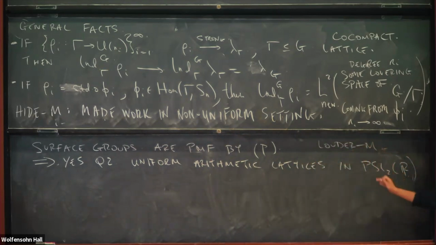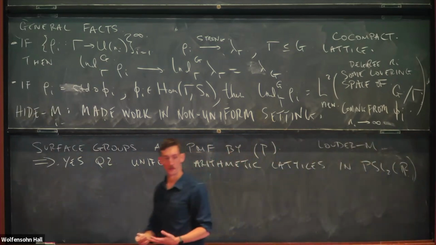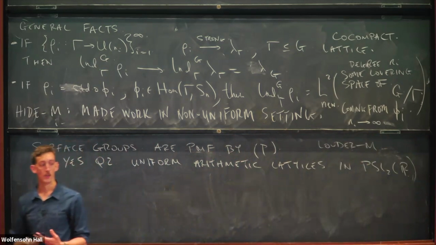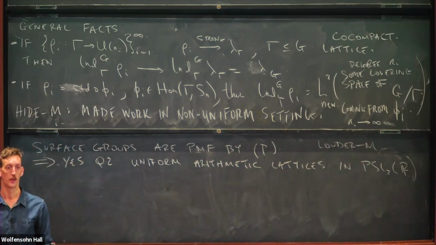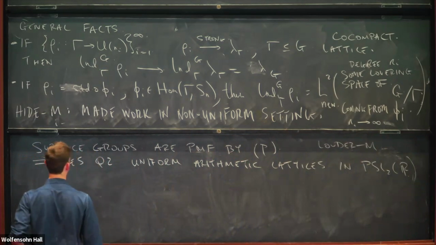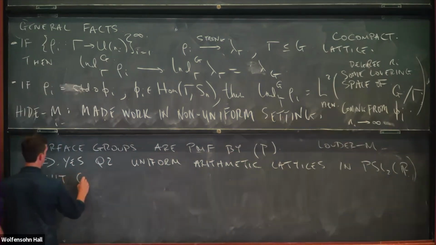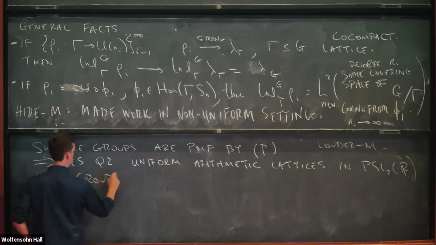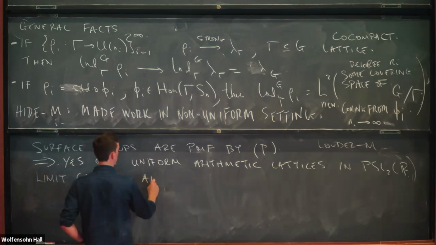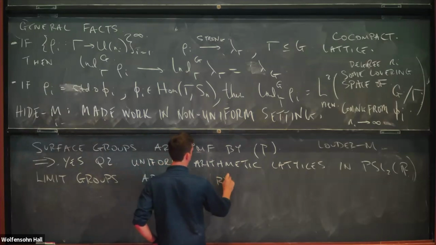And in fact, to say something about the proof of this, it uses the proof that surface groups are fully residually free, or in another language, limit groups. And so this proof actually does extend to all limit groups. So limit groups are PMF.